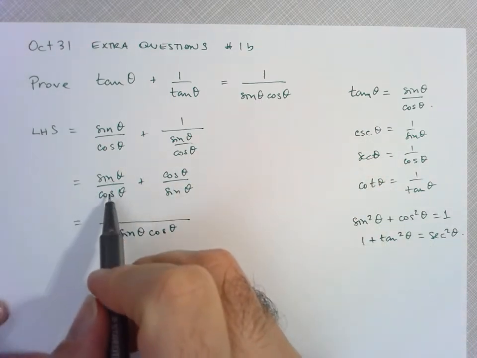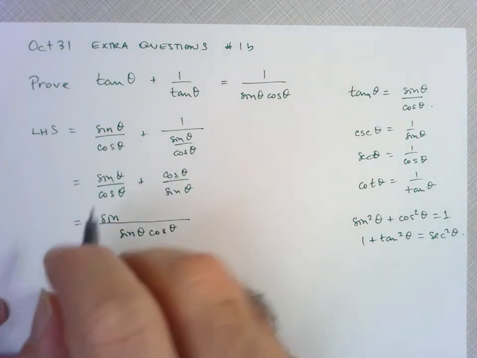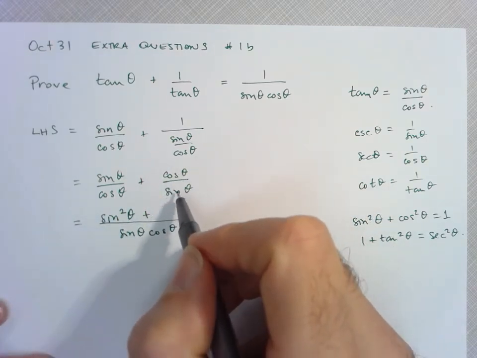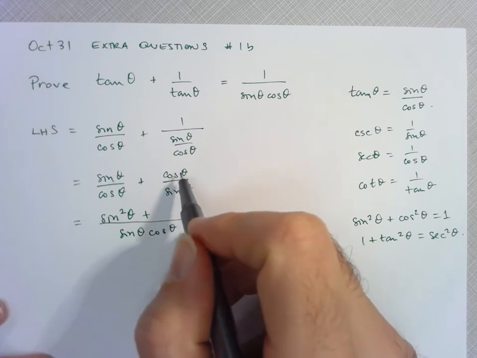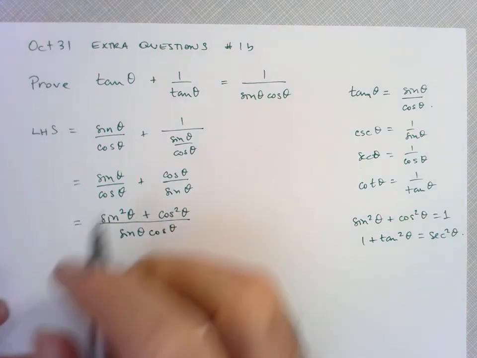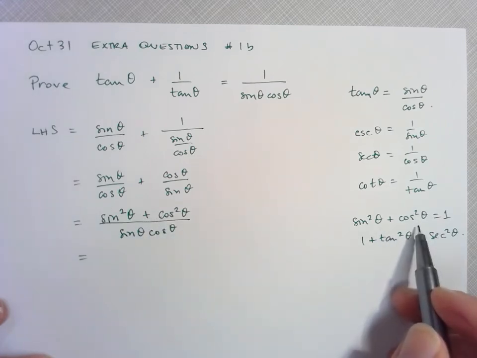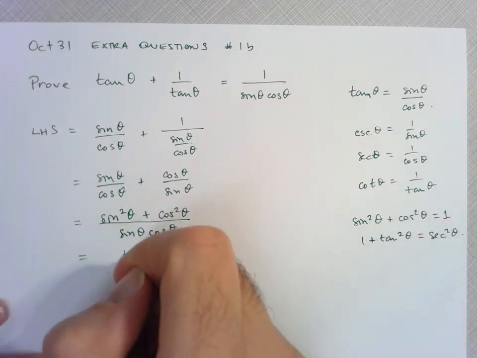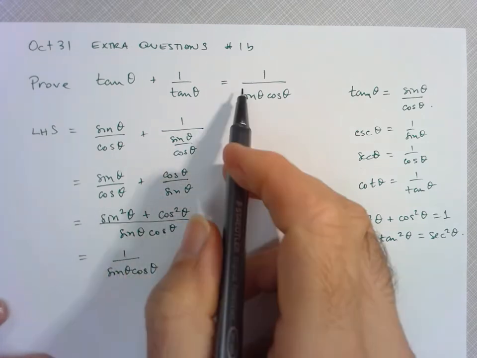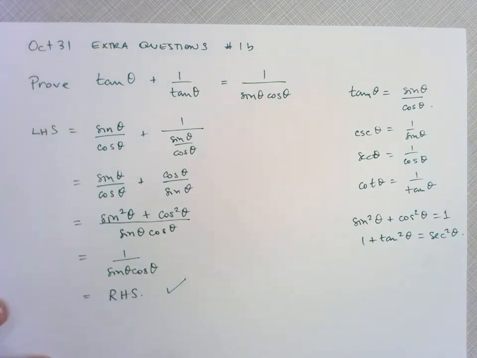So here I have cos, I'm missing sine, so I need to multiply sine theta by another sine theta, which we can represent by sine squared theta, plus here in this fraction I have the sine theta, I'm missing the cosine theta, so I'm going to multiply the numerator by cosine theta, which is going to give me cos squared theta. And now here I realize that, hey, sine squared theta plus cos squared theta, I can now access this identity, so that's just equal to 1. And lo and behold, what have we found? That this is just equal to the right-hand side. Okay, and so the identity is proved.